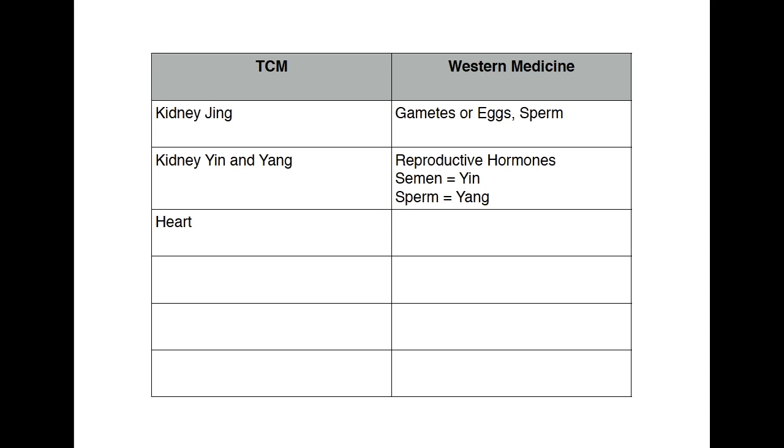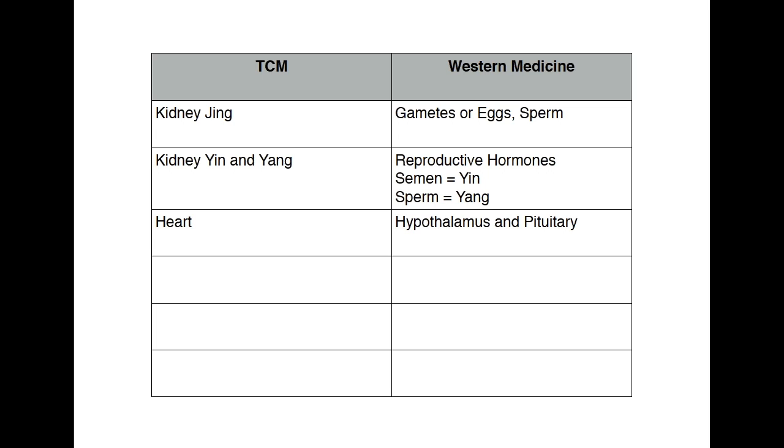After the kidney Jing, the next most important aspect of fertility is the kidney yin and yang, and we're going to look at that in more detail as we go on, because the balance of the kidney yin and yang, governed by the heart, is central to a smoothly functioning menstrual cycle and fertility.